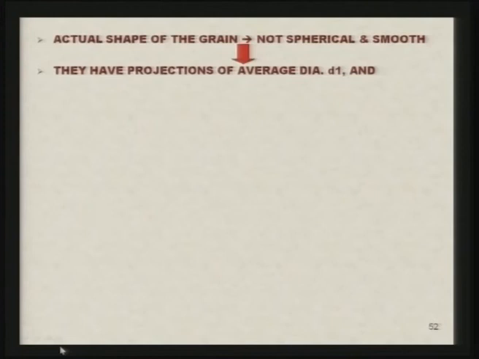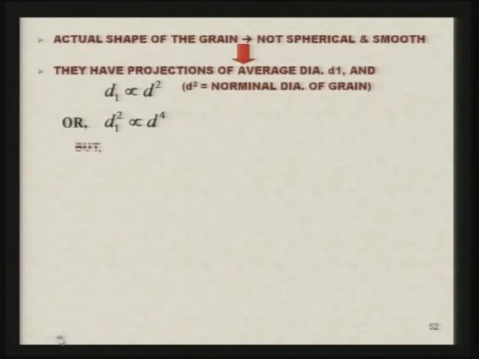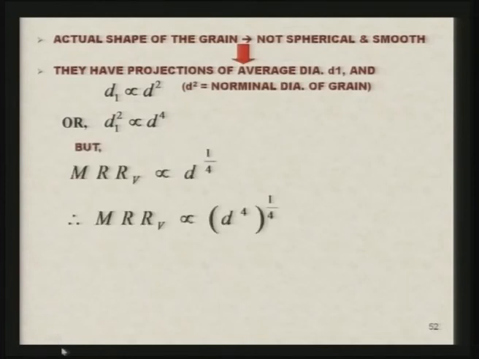He considers that the actual shape of the grain is not spherical and not smooth either. I had mentioned this point earlier also. They have projections of average diameter, which he assumed to be equal to D1, and D1 is proportional to D square, so D1 square is proportional to D raised to power 4, but MRRV is proportional to D raised to power 1 by 4.